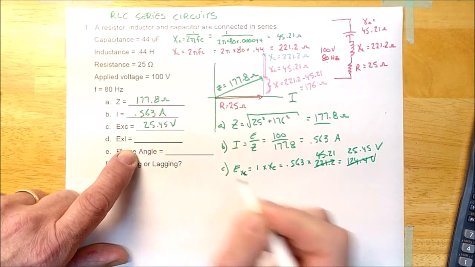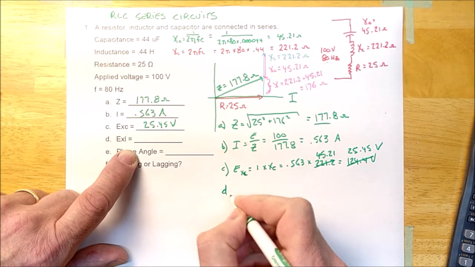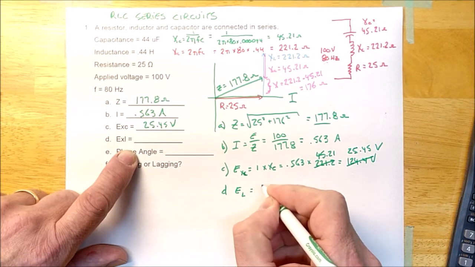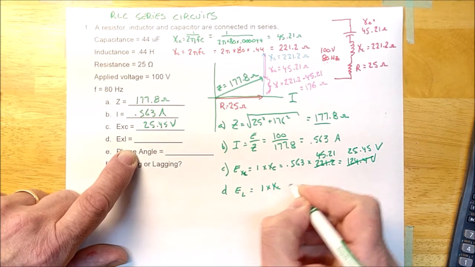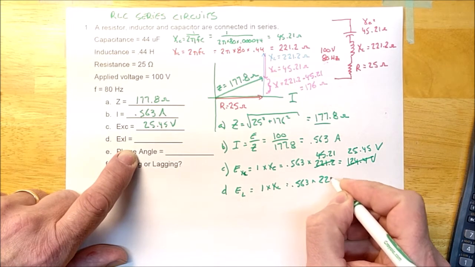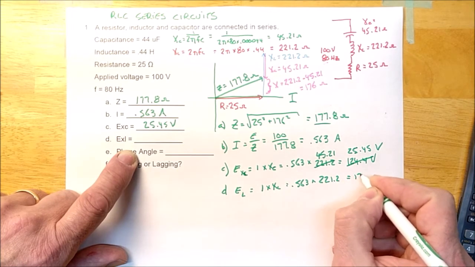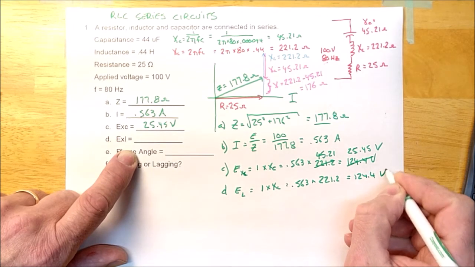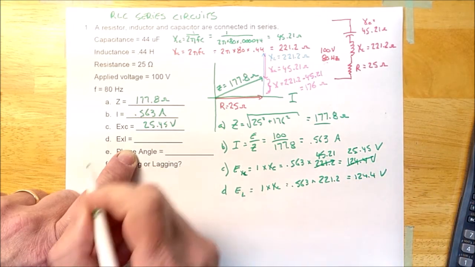EXL is I times XL, which is equal to 0.563 times 221.2, which is equal to 124.4 volts. Okay, that's the one I should have done there.